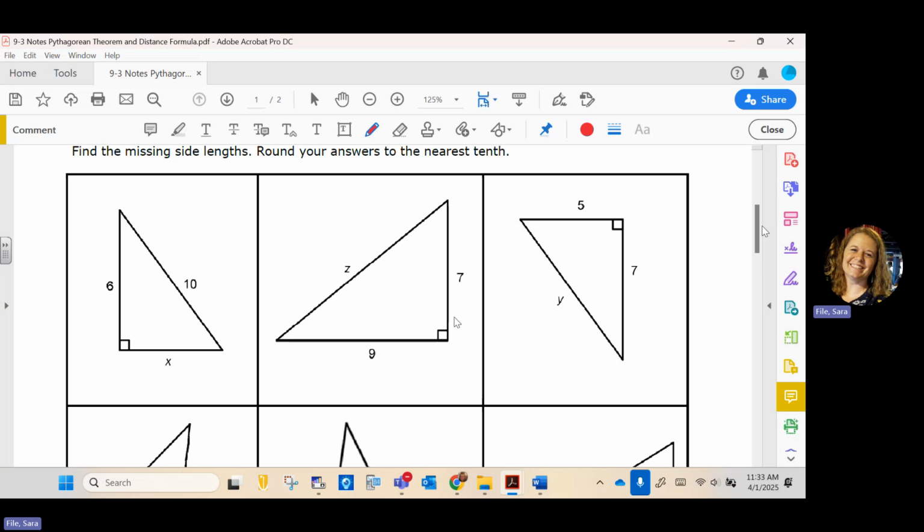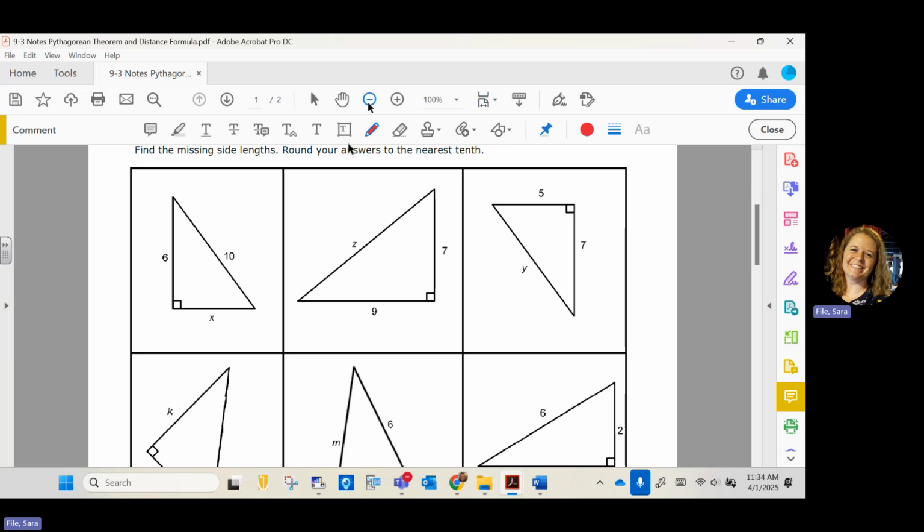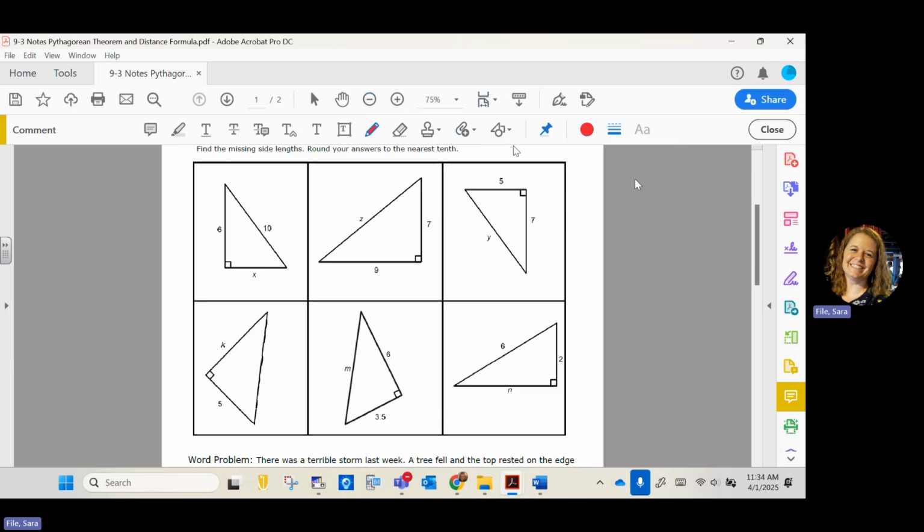Okay, so here, actually, before I do any examples, I'm just going to label everything. Okay, so in all of these triangles, I'm going to label my C, okay, my hypotenuse. So across from the 90-degree angle is C. Across from the 90-degree angle.